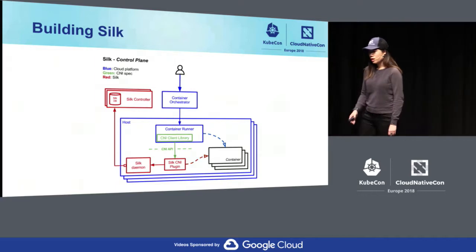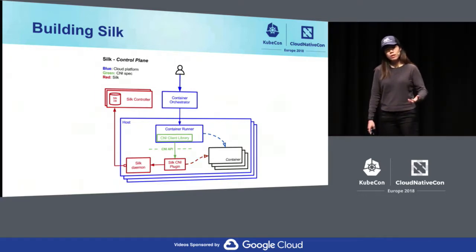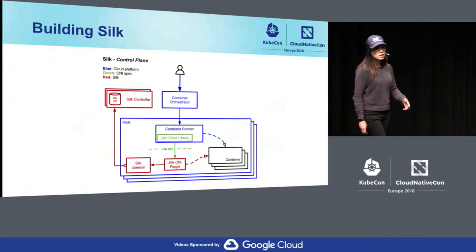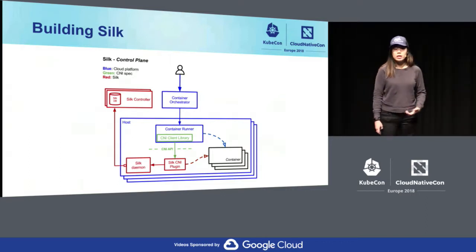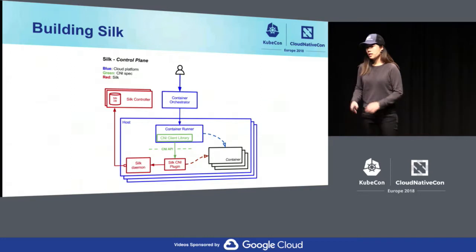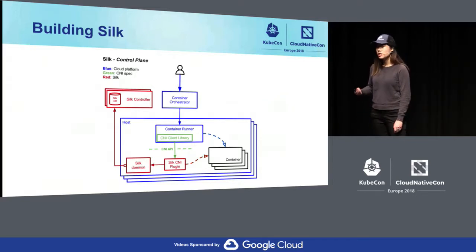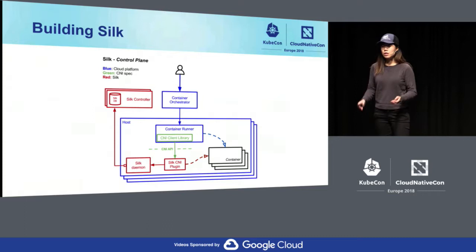It deals with first acquiring the subnet from the Silk controller, renewing the lease it has on that subnet from the Silk controller, and also deals with setting up all of the routing for the state of the world. And lastly, we have the Silk CNI plugin, which is the binary that's called during the container creation and deletion, which sets up your network interface and also allocates the unique IP per container.